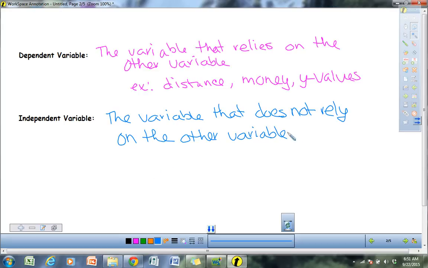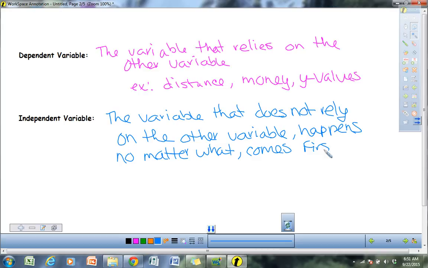This happens no matter what. Or I like to think about it as this is the one that comes first. So some examples of that might be time, and it's all of your x values.